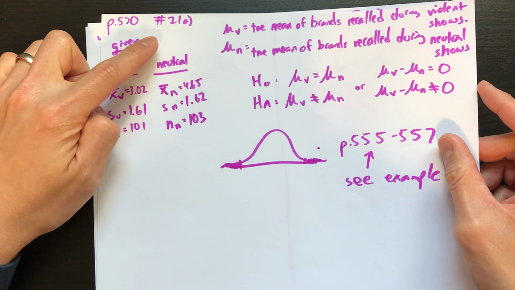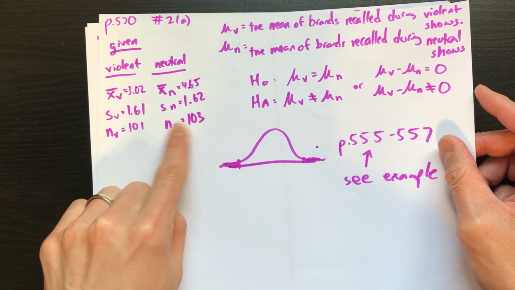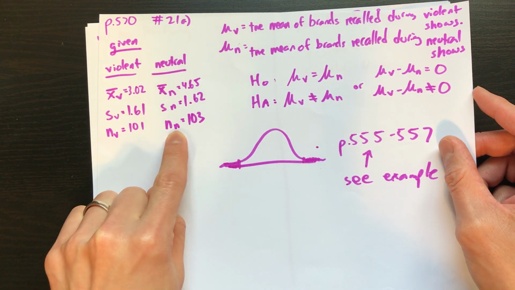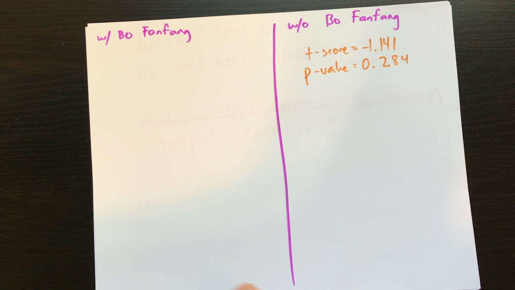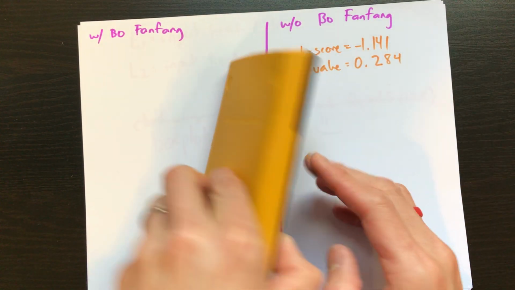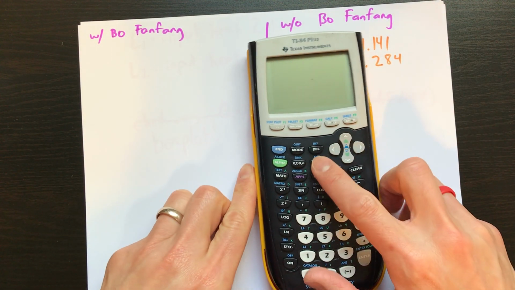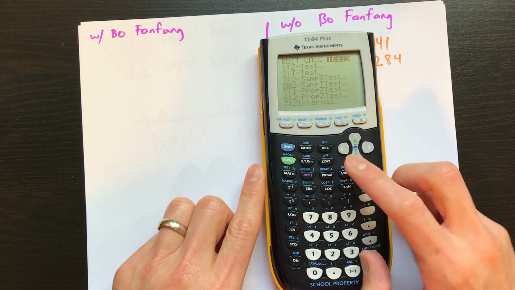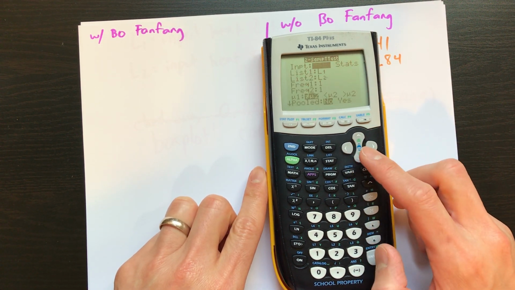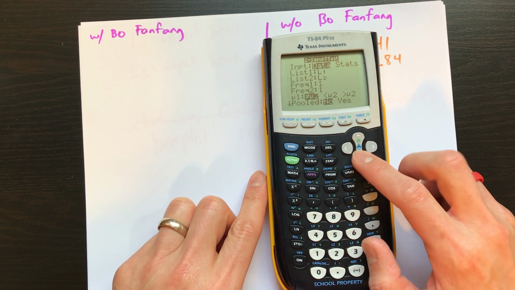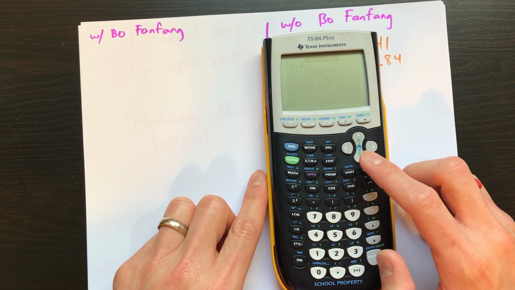This was number 21A. You can go back and calculate these using 1var stats. Or you could just use a data option. So stat, test, data, use L1, L2, and then I'm going to go to calculate.